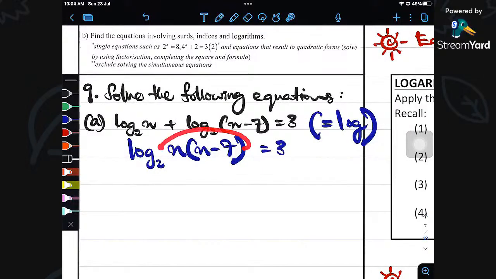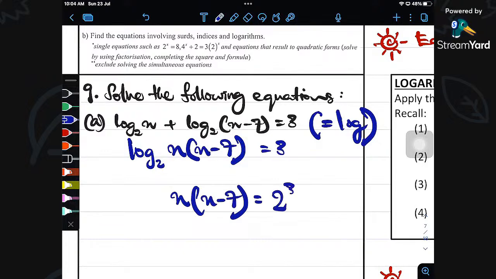Kadang-kadang kita perlukan ini, MN. Okay, kita perlukan dia sebab apa? Sebab kita boleh change this logarithm punya penulisan, punya equation into indices equation. Have you seen this before? This is actually logarithm equation. Dia bertukar menjadi index equation.